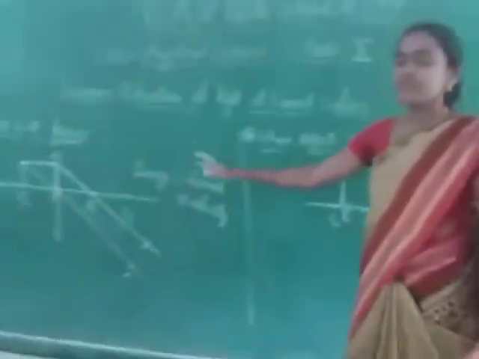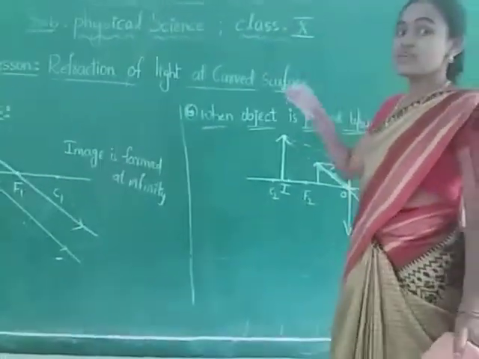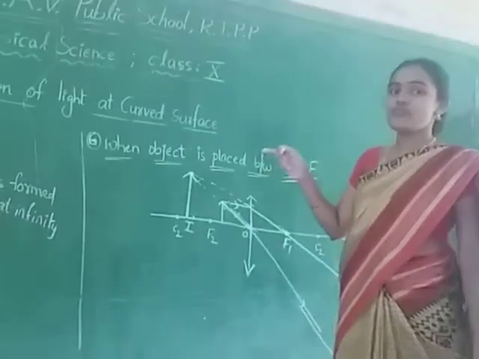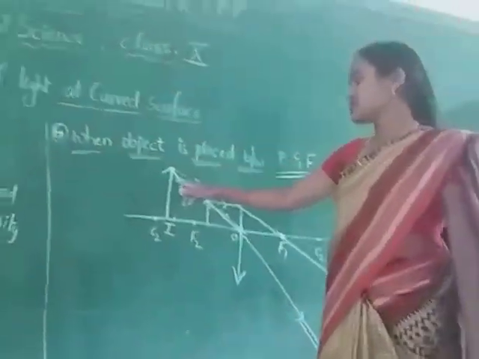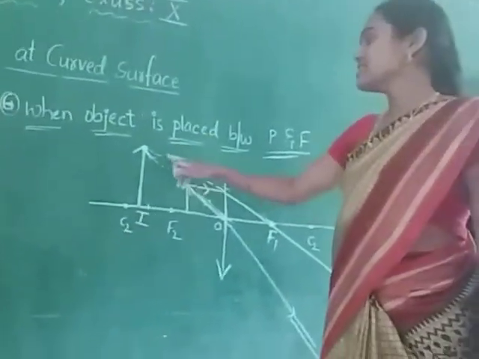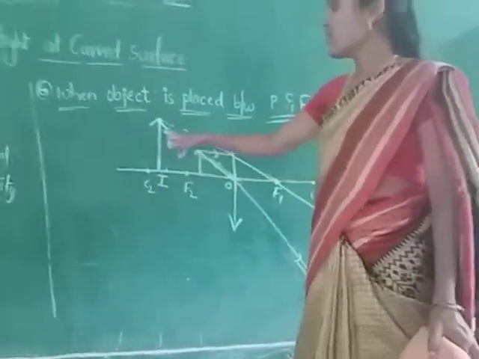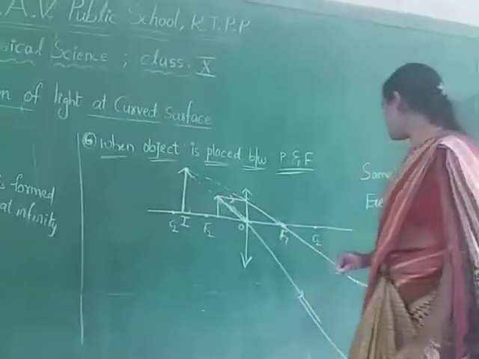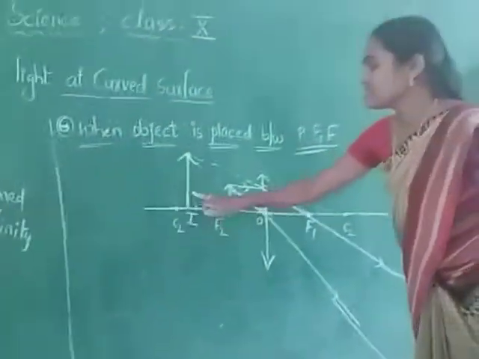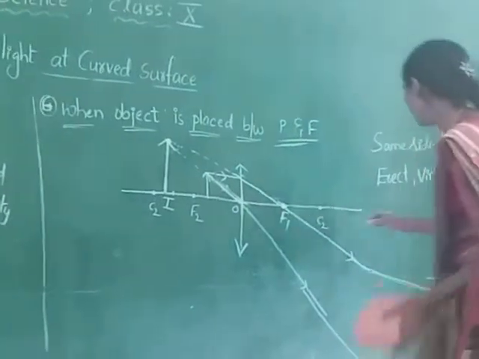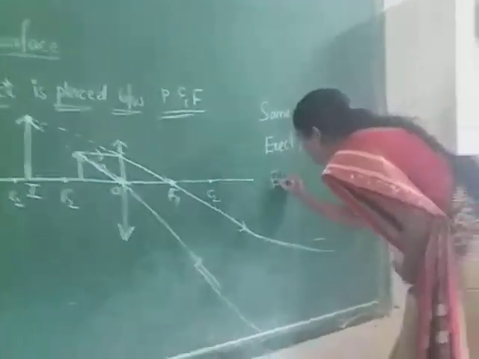In the previous cases, we got a real image because actual intersection of light rays took place. Here actual intersection is not there. Extended rays intersect here. And if we compare the size, the image is greater than the object, so an enlarged image is formed.